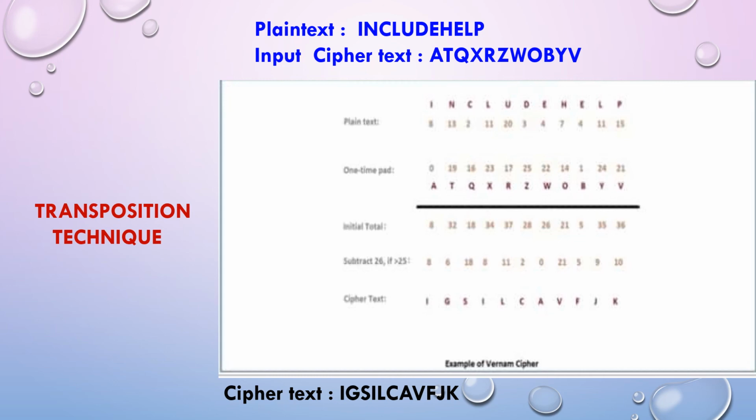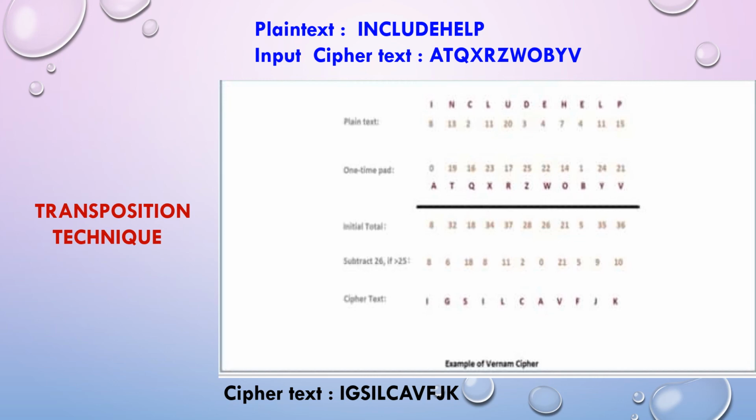Now, the plain text contains the letters INCLUDEHELP. We write the equivalent number of each alphabet in the plain text. We get the numbers 8, 13, 2, 11, 20, 3, 4, 7, 4, 11, 15.